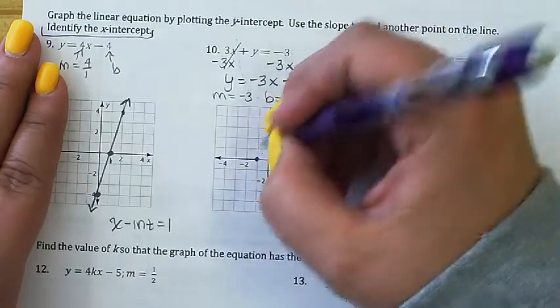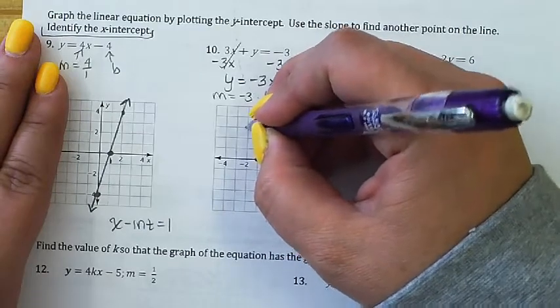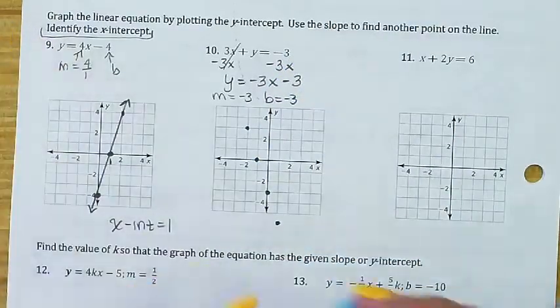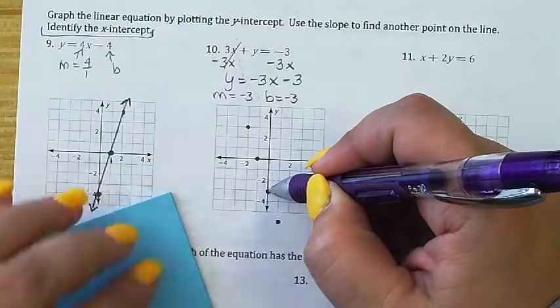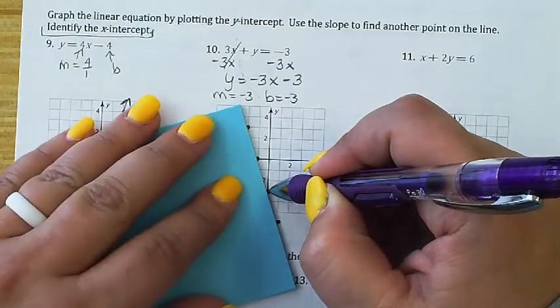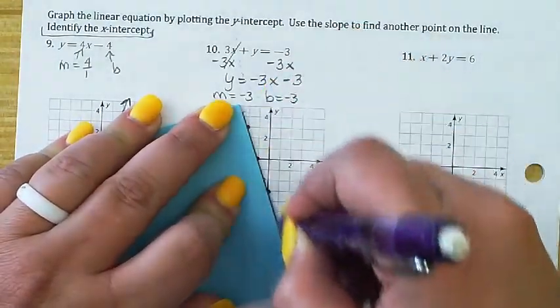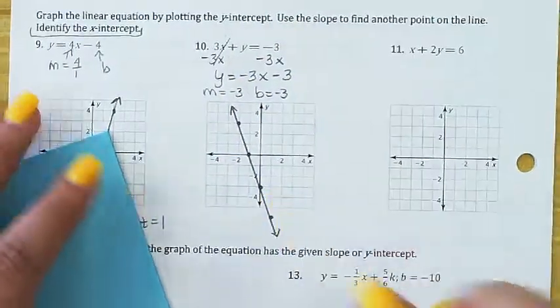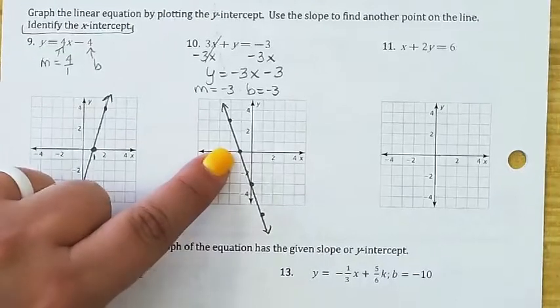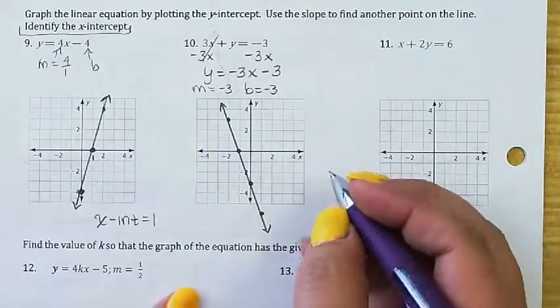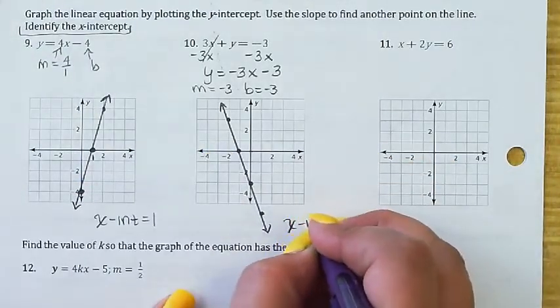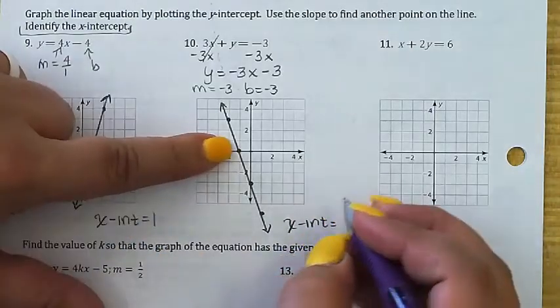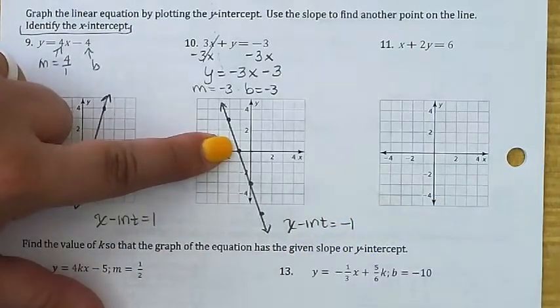So up and backwards, 1, 2, 3, up and backwards, and it really should still line up with that one that I had estimated down there, and it does. So there's the points right there. There's our very steep negative line that passes through -3, and I can also see where that x-intercept is located. For this one, the x-intercept looks like it's intercepting at -1 on the x-axis.